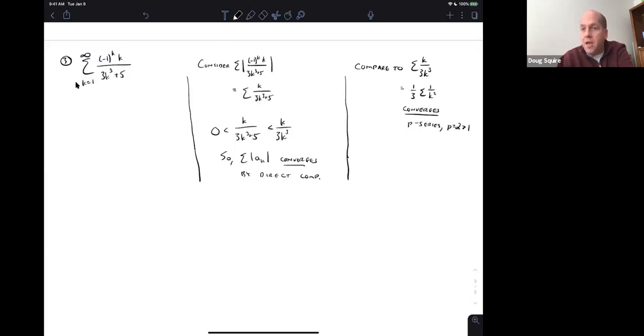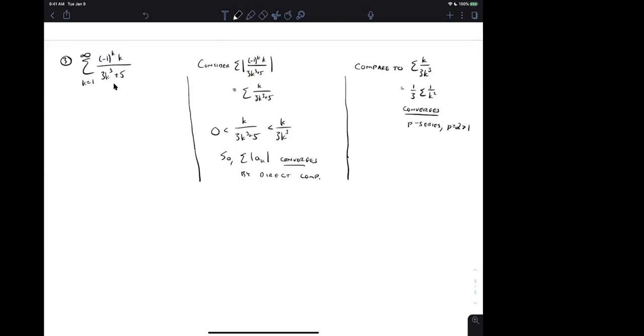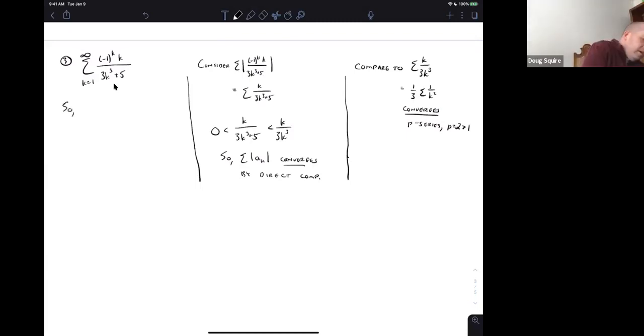We've written nothing about the original, but if the absolute value converges, then what does the original have to do? Converge as well. Has to converge. So we go back and say, so the original series converges, and it converges absolutely because its absolute value converges by the absolute convergence theorem.